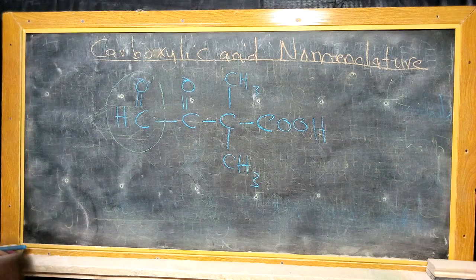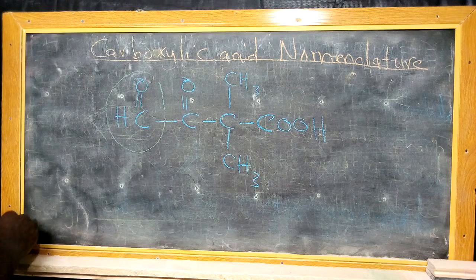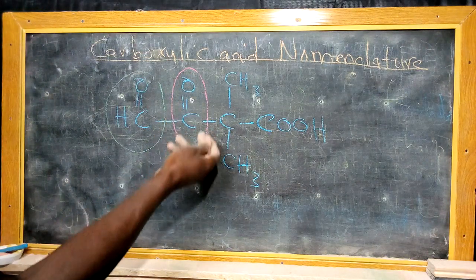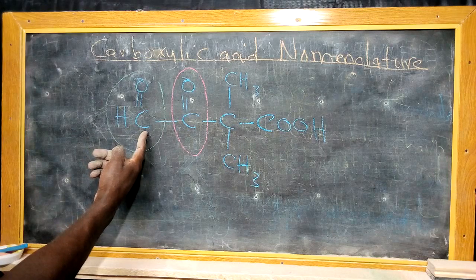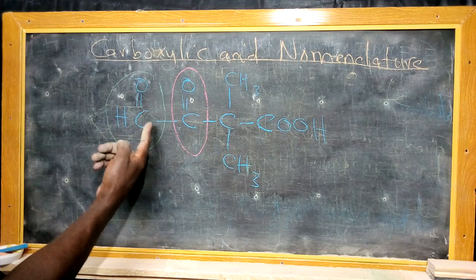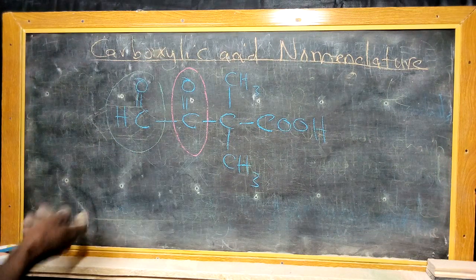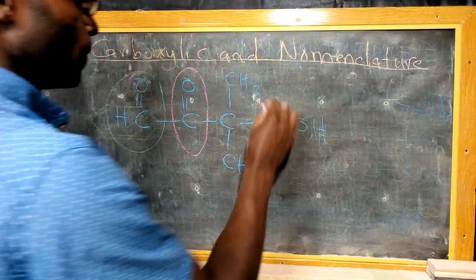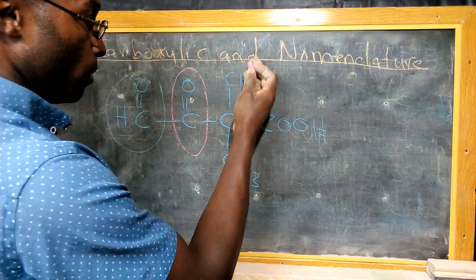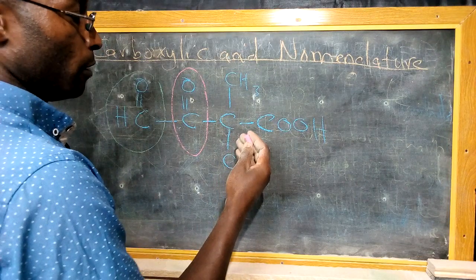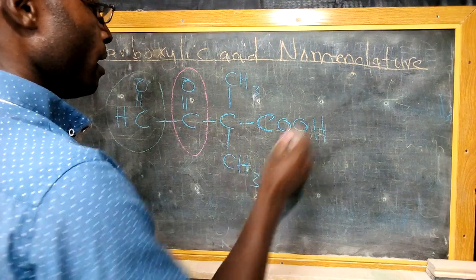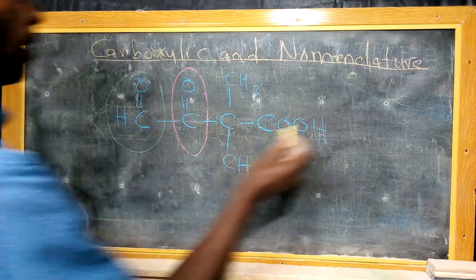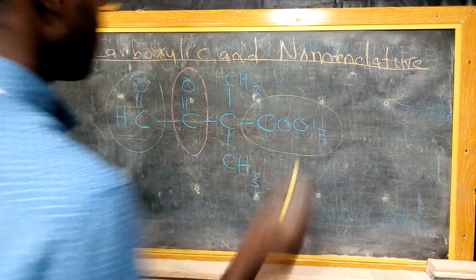But for the second one that I'm going to show here, this is a carbonyl carbon attached to another carbon on each side, and that one we gave the name ketone, and this is an R group. From this point to the left is an R group attached to a functional group for carboxylic acids, this one of course.